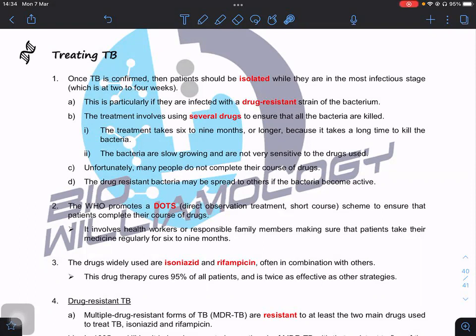Now, the main issue here is that TB bacteria grow very slowly. When they grow slowly, some kinds of antibiotics or drugs may not be effective. So it will take months or even years to complete the entire treatment, for example 6 to 9 months or even longer. It takes time to kill the bacteria because certain drugs target the bacteria only when they grow.